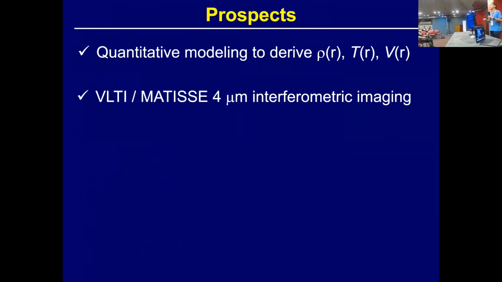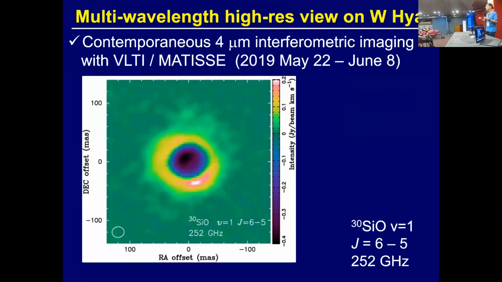And what to do now? We need quantitative modeling to derive density, temperature, and velocity field. And last but not least, we are also working on the VLTI 4-micron interferometric imaging. This is what I want to show last. Again, these VLTI data were taken contemporaneously with ALMA data, within 10 days or so.